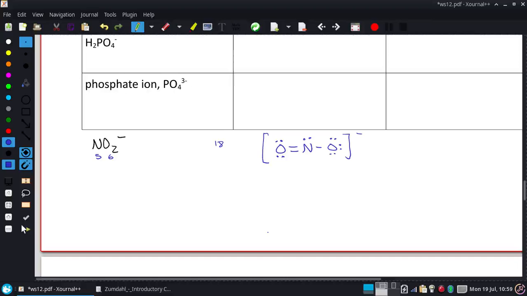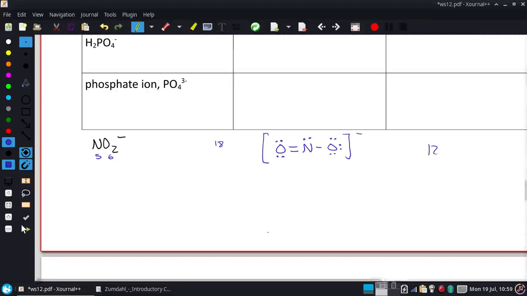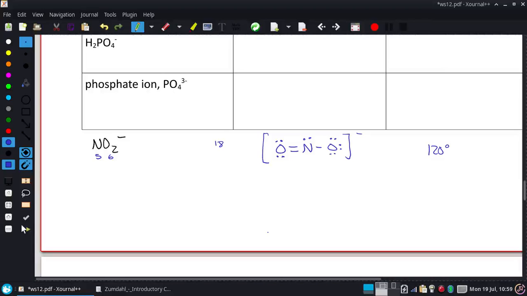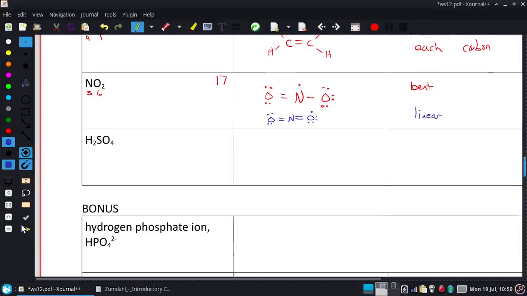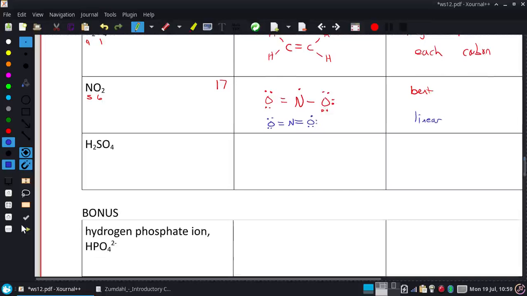It makes it really darn stable. Bond angle would be about 120 degrees because I have two oxygens and a lone pair. But it does appear, and this is the raw file, so this is what I've sent to you, I did have NO2 there, which does end up with a free radical.